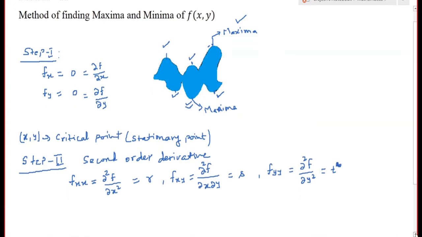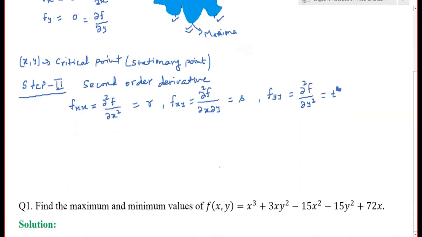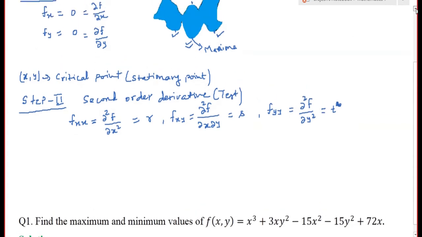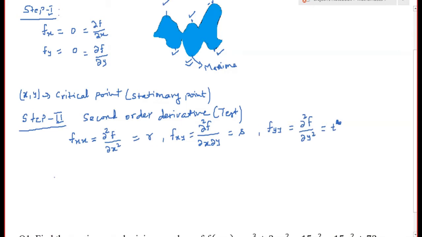After having these second order derivatives, we go for the second order derivative test. To do this, we find rt minus s square.